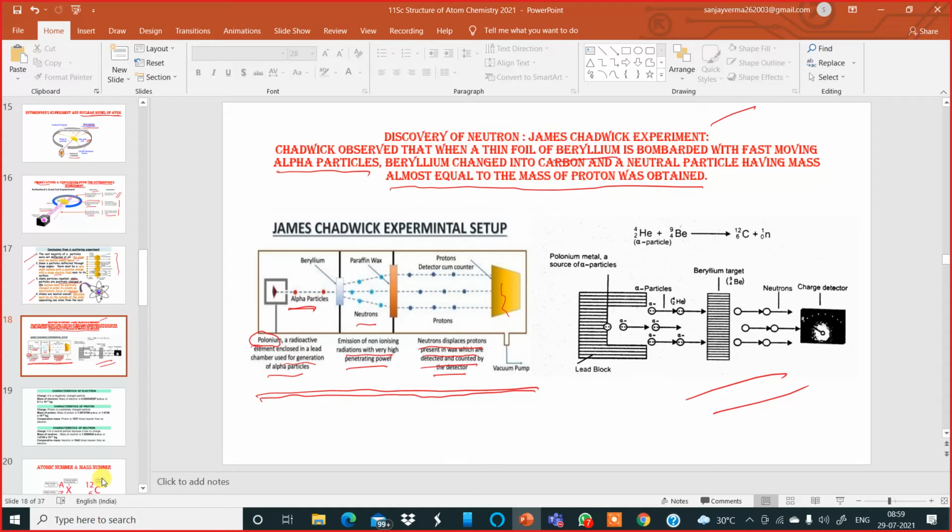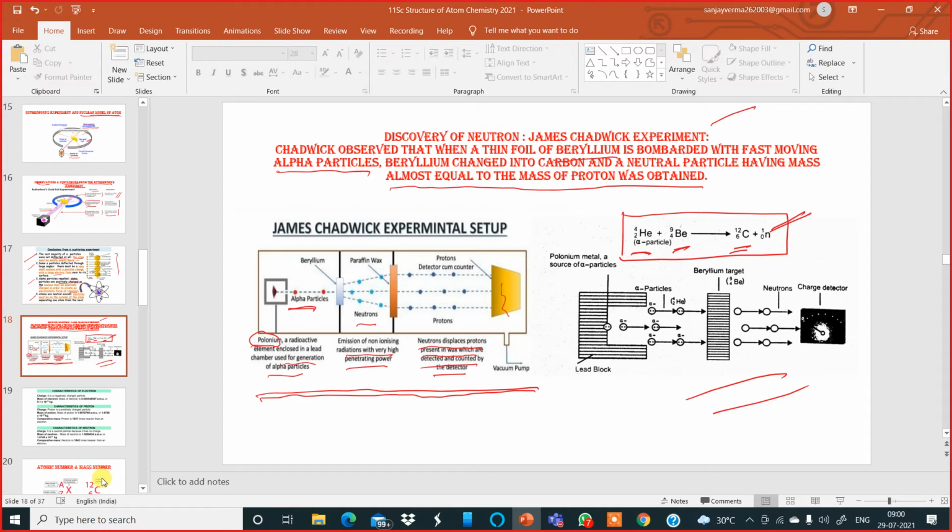So I request you all to learn this equation. Helium, that is doubly charged helium nuclei, which is an alpha particle, hits a beryllium atom, and it converts into a carbon atom, C-12 with atomic number 6, and there is liberation of a neutron. That is how the neutrons were discovered.